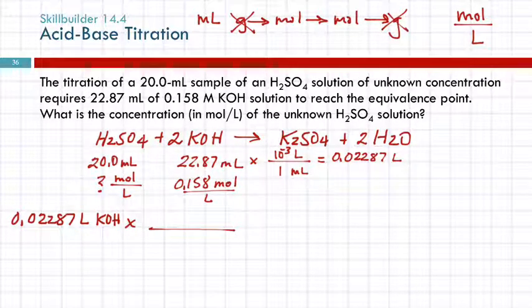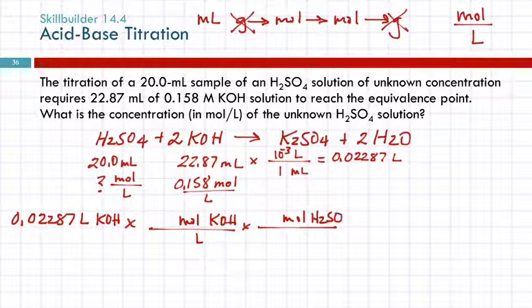times, I want moles of KOH and liters in the denominator. Then I want to go to moles of H2SO4, and I need moles of KOH in the denominator. This will give me moles of H2SO4, and I can take that and divide by the volume to get the molarity. The molarity of the KOH solution is the conversion factor from liters to moles for KOH.